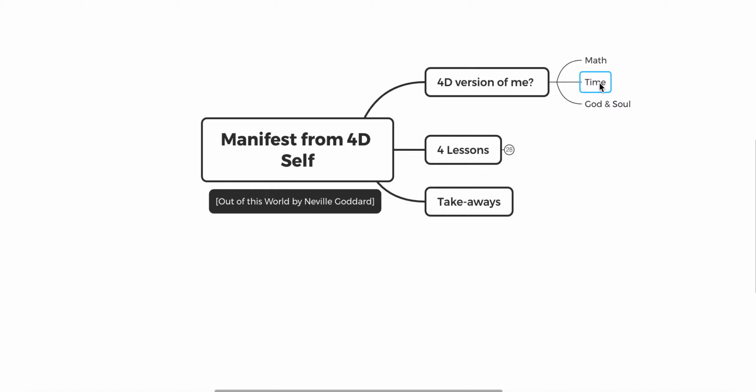And this kind of introduces this question of, well, what if this 4D version is my soul? What if it's God? And it actually makes sense, since we have these unexplained phenomena like seeing the future, predicting the future, and all other things, could there be a dimension above us?